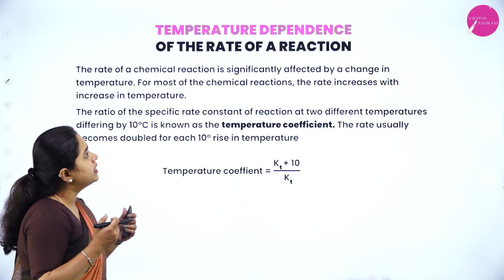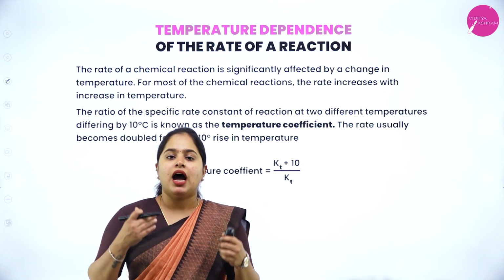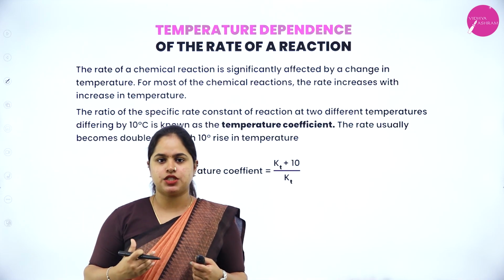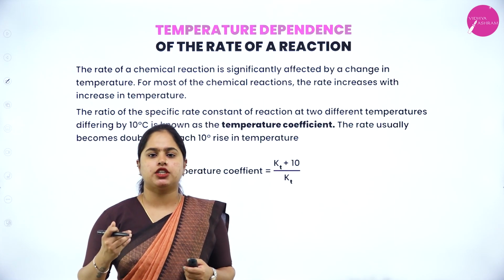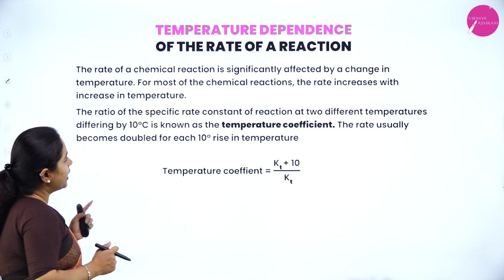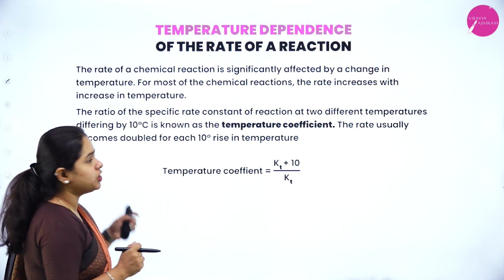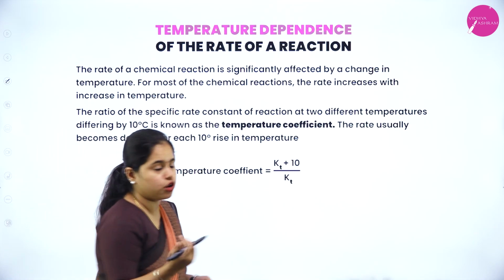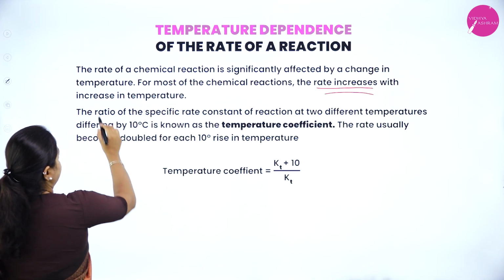First of all, the temperature dependence of the rate of the reaction. What you have to understand is that when the temperature increases, the rate of the reaction also increases. The rate of a chemical reaction is significantly affected by change in temperature. For most chemical reactions, the rate will increase with increase in temperature.